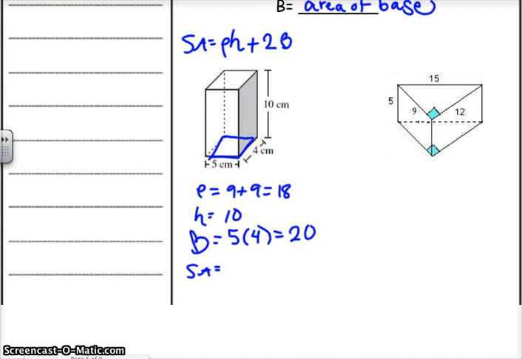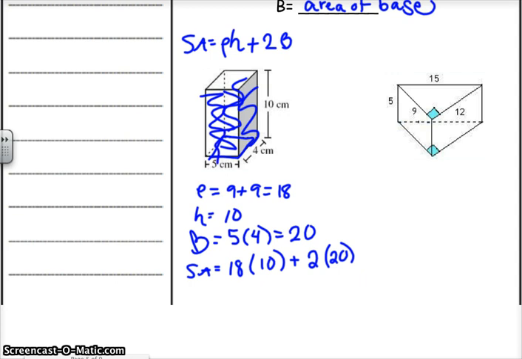Now I'm going to put it into the formula. Surface area is equal to my perimeter times my height plus 2 times the area of a base. 2 bases. Remember, this 18 times 10 is telling me all the front lateral areas.